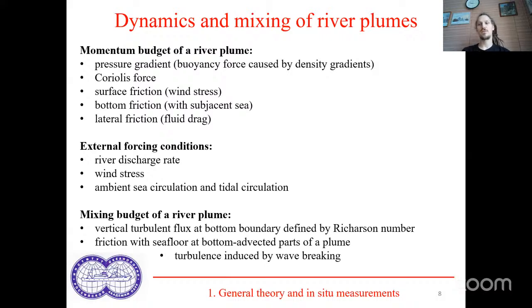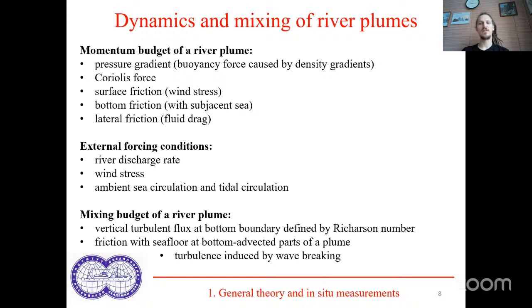There is friction on the bottom between the river plume and the subjacent saline seawater, which also affects spreading of the river plume, and it is determined by coastal circulation, sea currents, and also tides. And there is lateral friction, and we have to consider fluid drag because river plumes stay consolidated.